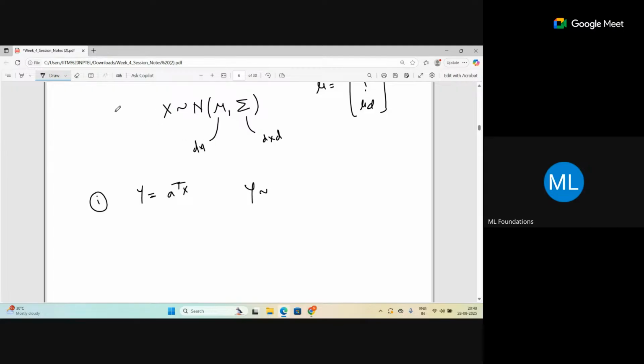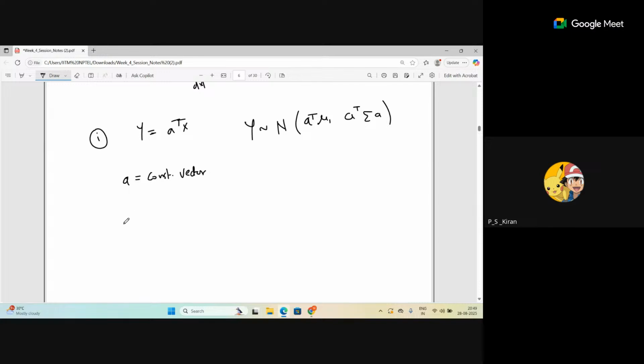Since x is normally distributed with mu and sigma, and A is a constant vector, meaning all values are real values, the distribution of y will be normal with mean A transpose mu and variance A transpose sigma A.